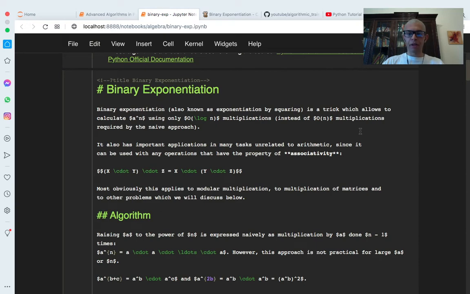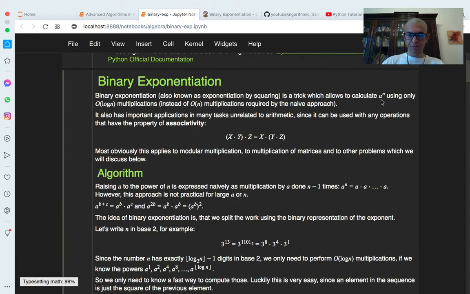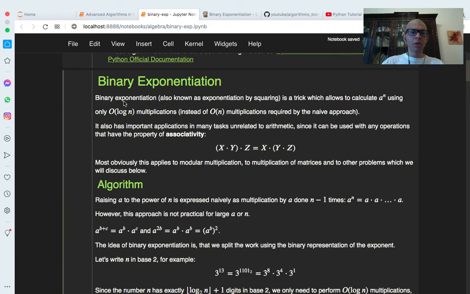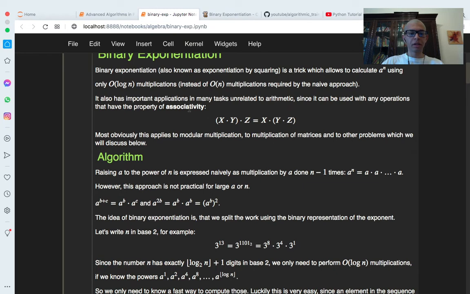And here we can see that if we do binary exponentiation, it will allow us to calculate this a to the power of n in log n time. It does this with the associativity rule.